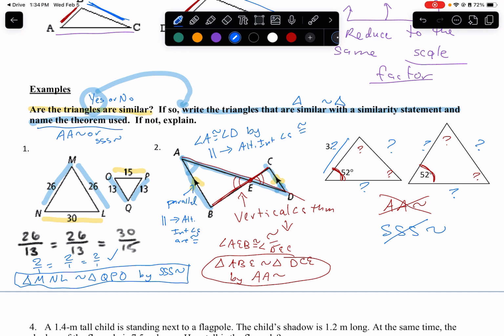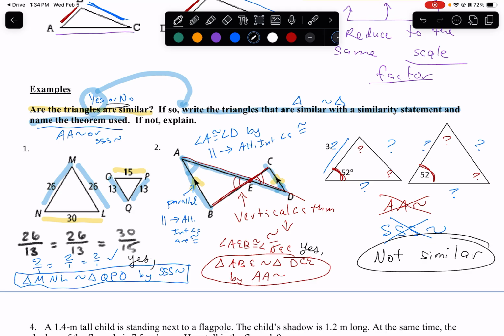So side-side-side similarity is out. So since neither of the theorems that we talked about work, these are not similar. And we probably should have a no here because I said yes or no. Are they similar? No, they are not.